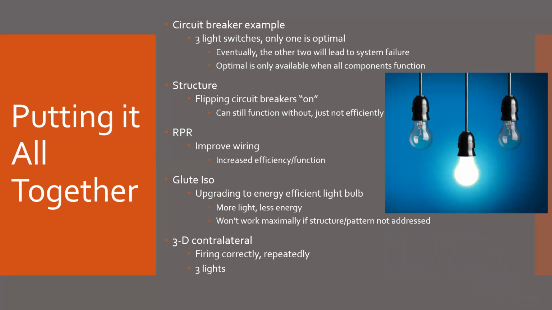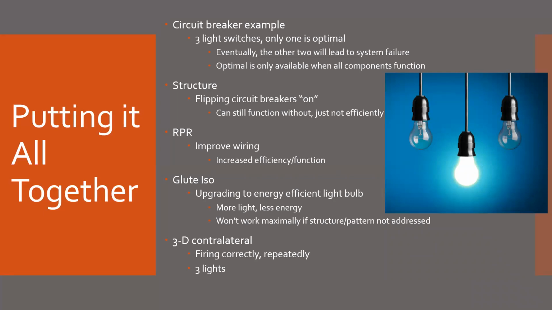The other 2, maybe they're rewired inappropriately, but for whatever reason, eventually those 2 are going to lead to a system failure. It might not be today, it might not be in 5 years, and maybe the athlete is fortunate enough that they're such a good compensator that they don't ever realize it, but eventually if the load is placed high enough, if they're pressed hard enough, they're going to see a system failure from running the incorrect pattern.